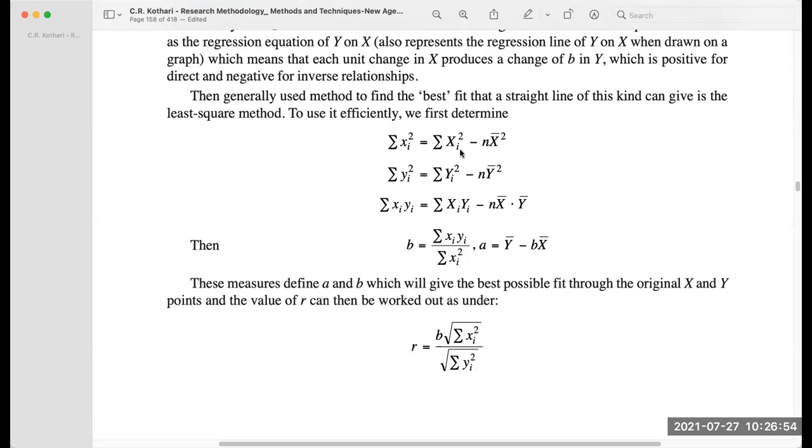Capital Xi is, let's say, X1, X2, X3, so in place of that we are representing Xi. So summation of all the Xi values minus n X bar square, and like that you can use this formula to find out B and A, that is the constants of the best fit line for your simple regression analysis.